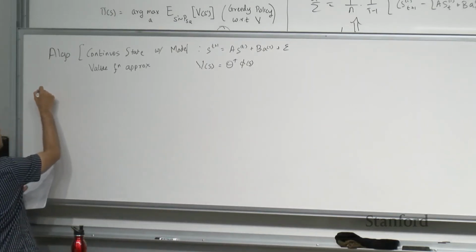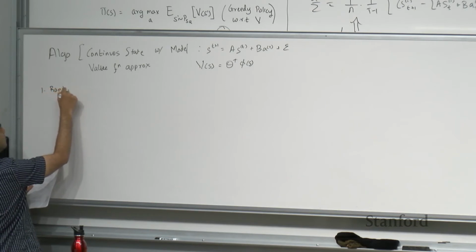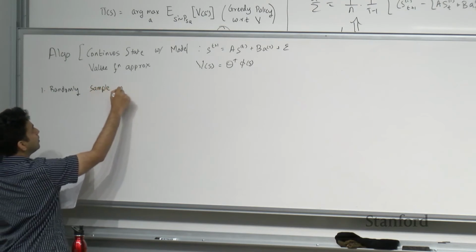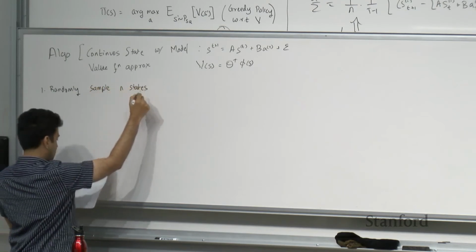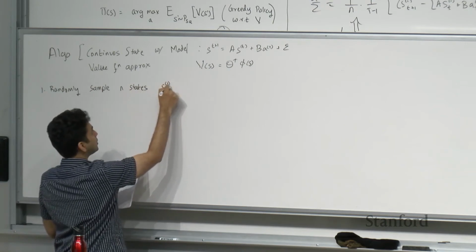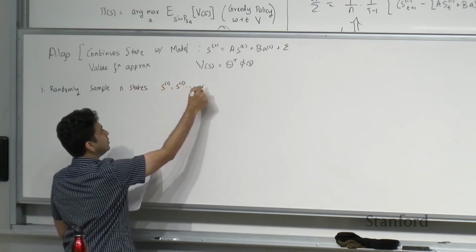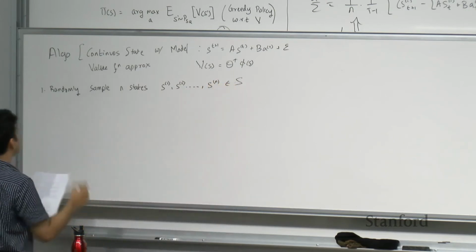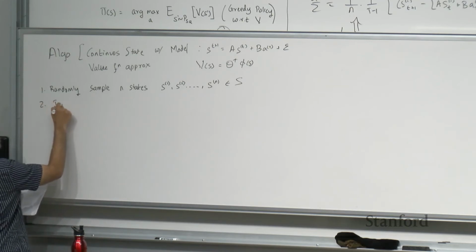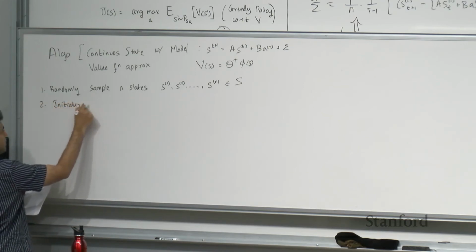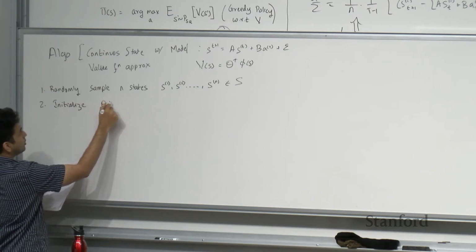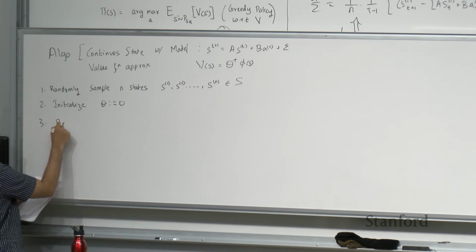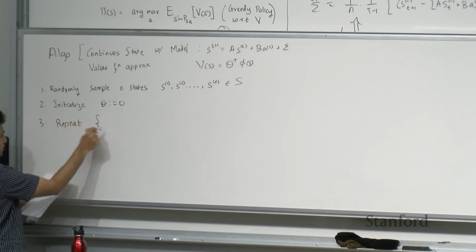So step 1, randomly sample n states, call them S1, S2, through Sn in S. Step 2, initialize theta to be 0, and step 3, repeat until convergence.